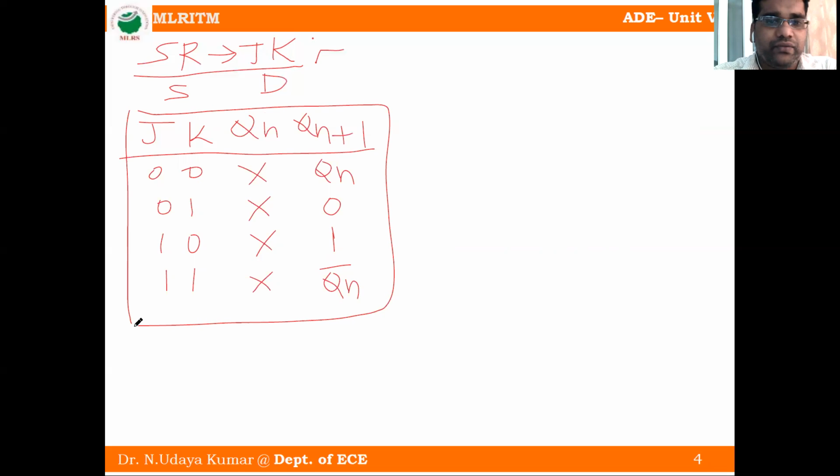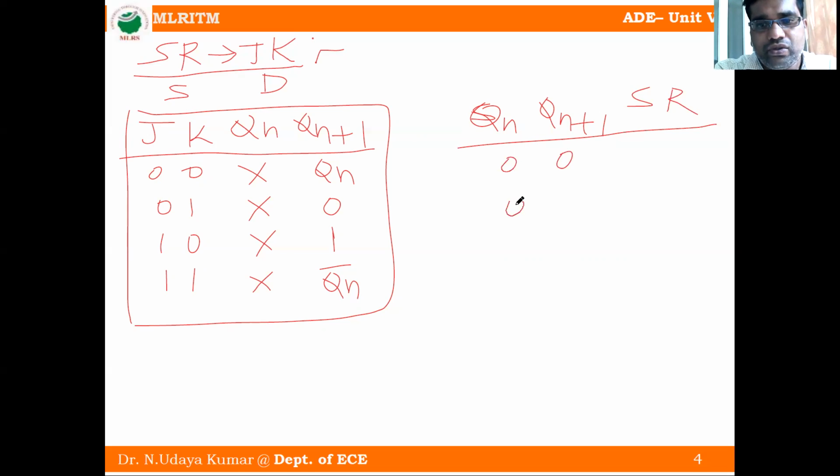Here JK is the destination flip-flop. After writing that, we have to write the excitation table for SR flip-flop. Already we derived how to get the excitation table for SR flip-flop. So I will write the excitation table for SR flip-flop with columns Q, QN, QN plus 1 and SR, for 0 0, 0 1, 1 0, 1 1.